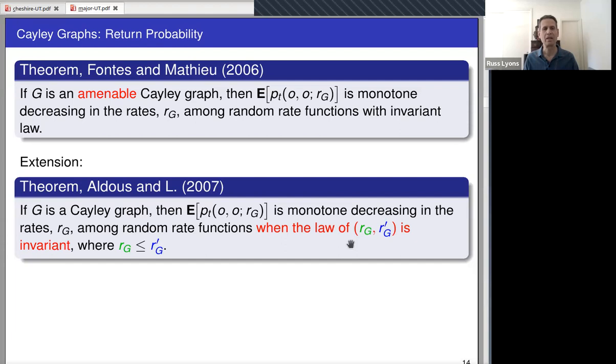Then the monotonicity holds. Why is this an extension of the theorem of Fontes and Mathieu? In the amenability case, it turns out you can always prove that such a coupling exists. Briefly, it goes as follows. We start with each individual rate function having an invariant law with this monotonicity property assumed, but for the pair we do not assume an invariant law. But because of these large sets with small boundary, we can average the law of the rate functions over this finite set.